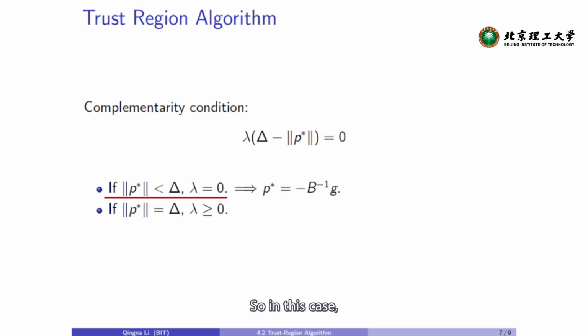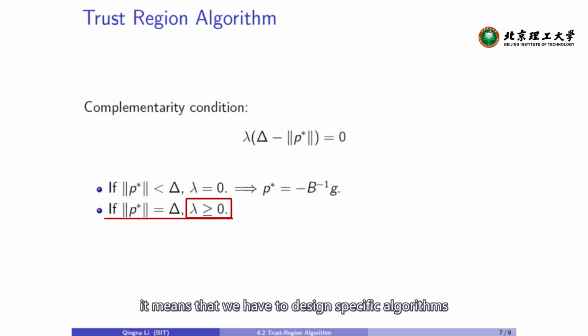So in this case, we have that lambda is 0. Then we can directly get p star to be here. Okay, so p star is actually the Newton direction. If not, then we have that lambda is non-negative. However, we have no further information. So in the second case, it means that we have to design specific algorithms to solve this subproblem.